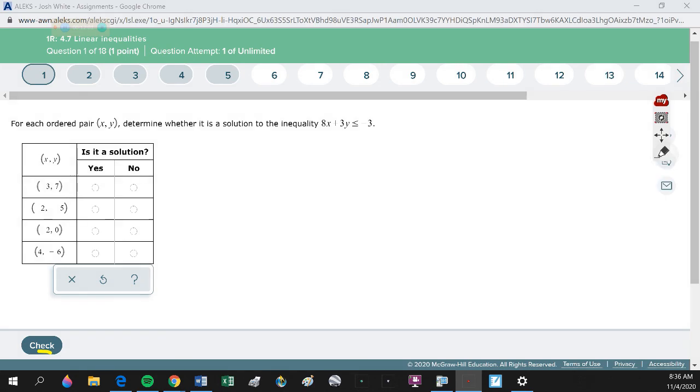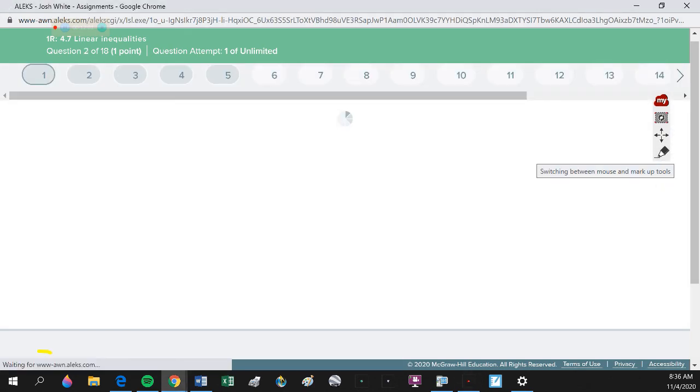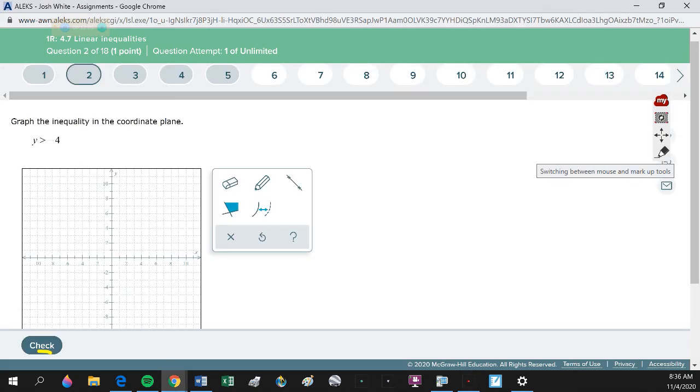Okay, so let's look at number 2. y is greater than negative 4. What is this line going to look like? So, is it going to be solid or dotted? Dotted.